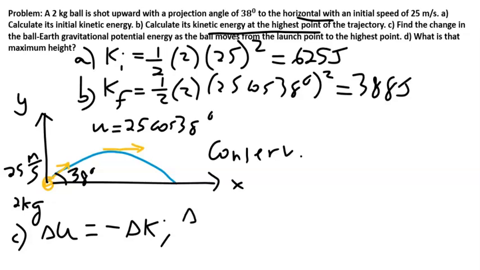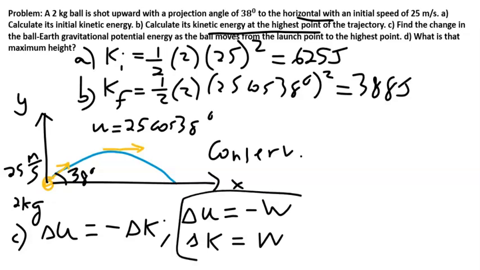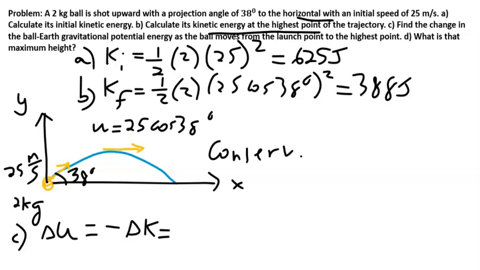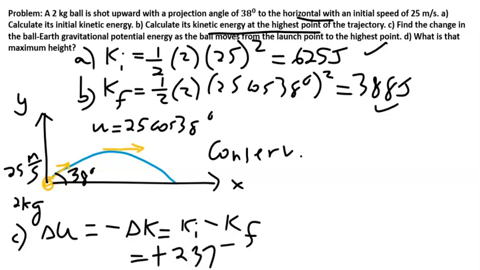Now we know for a conservative system, the change in potential energy is minus the work, and the change in kinetic energy is always the same as work. So from these two expressions, we arrive at that conclusion. Minus the change in kinetic energy is kinetic energy initial minus kinetic energy final, and that is quite simply this subtract that, which is positive 237 joules.